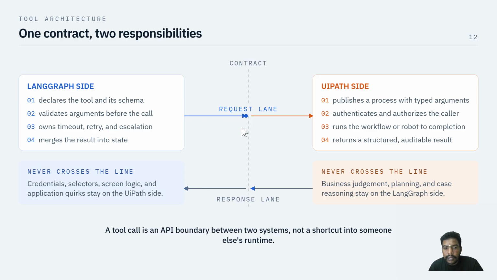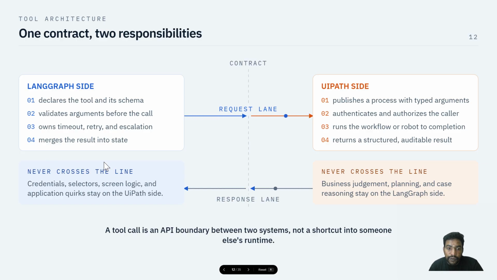The moment that happens, you have coupled your reasoning layer to a user interface, and every application upgrade becomes an AI incident. A tool call is an API boundary between two systems, but it is not a shortcut into somebody else's runtime.